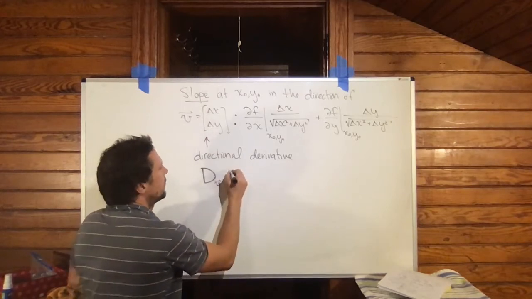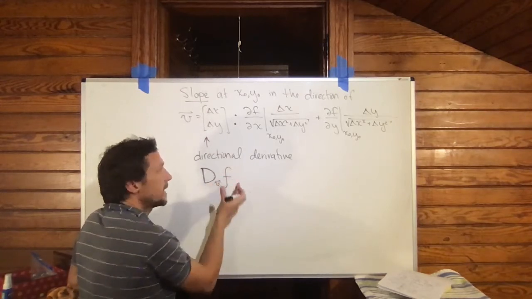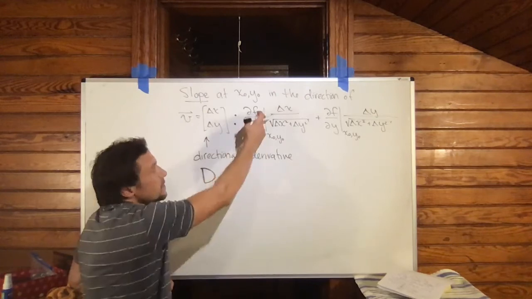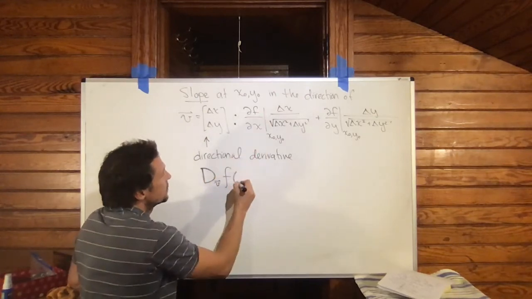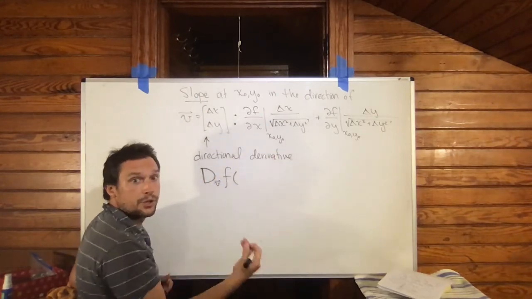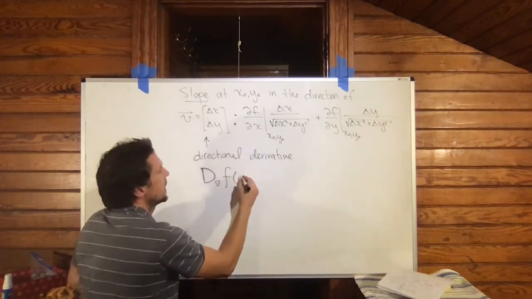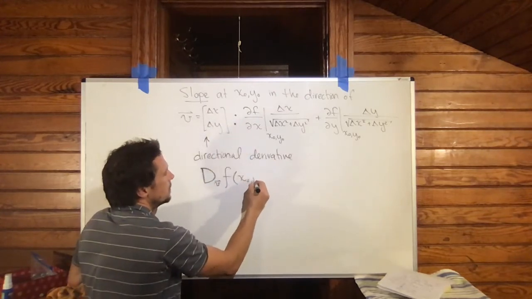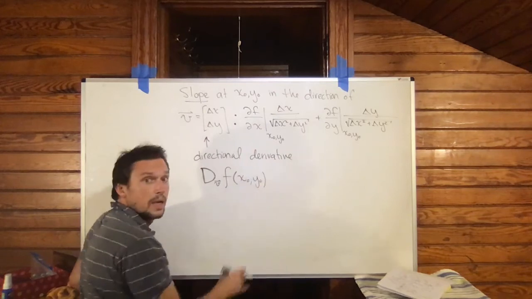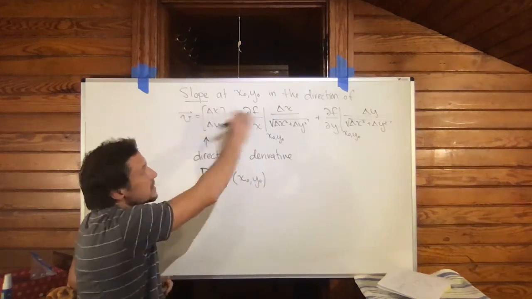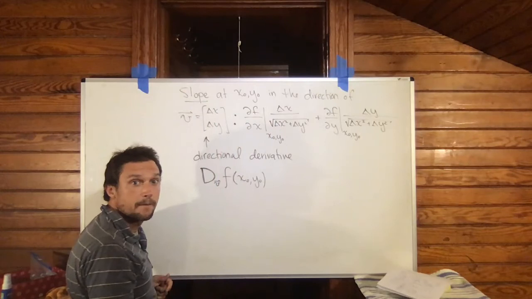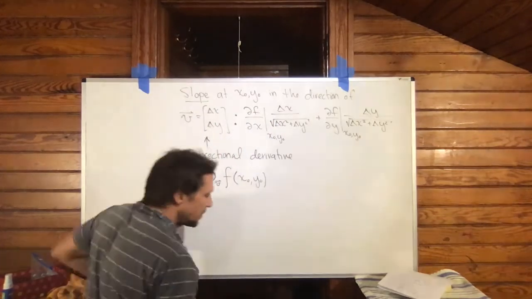And then I write f, which is what I'm taking the directional derivative of. And then the point that we're taking that directional derivative at. So in this case, it's x0, y0. And this set of symbols means this sentence that I've written here. Okay?